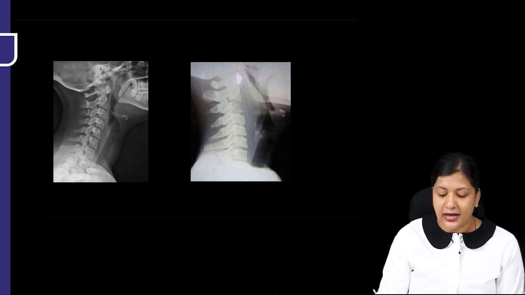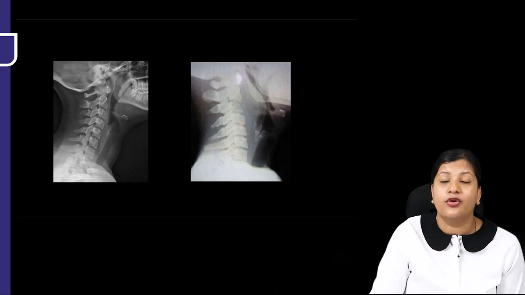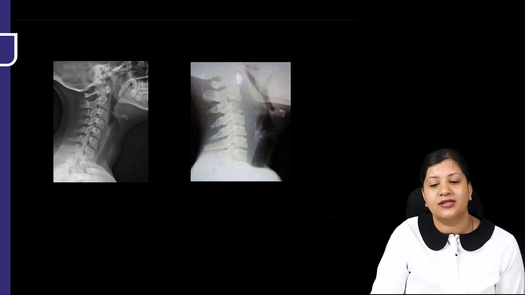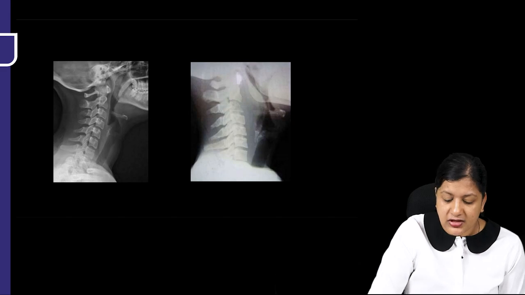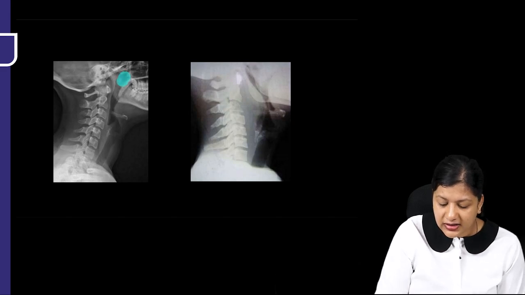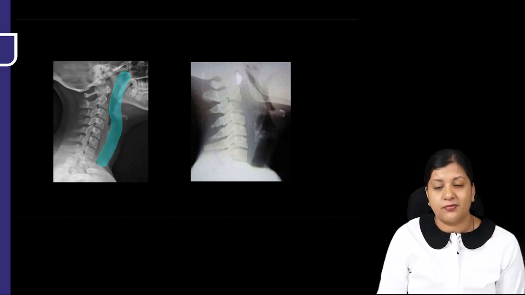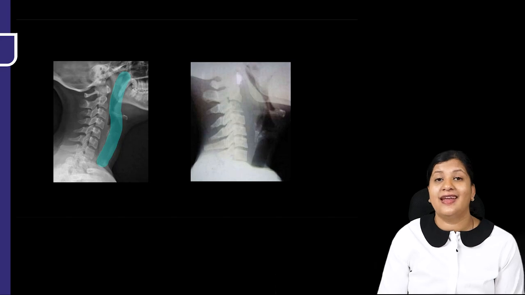Now if you see, this is a lateral view of the neck showing to us some very important structures. So first and foremost, there is a blackish column of air. This blackish column of air indicates your respiratory tract, meaning your larynx and the cervical trachea. So it begins from the nose, nasopharynx, larynx and the trachea.